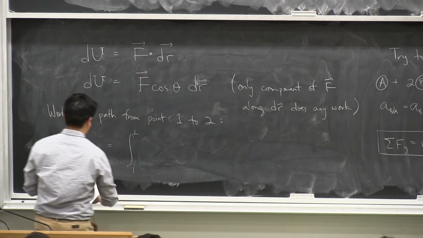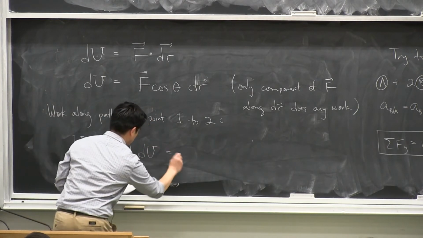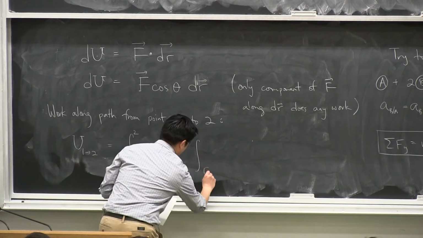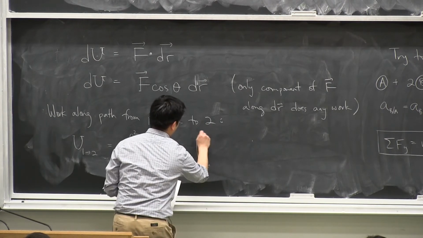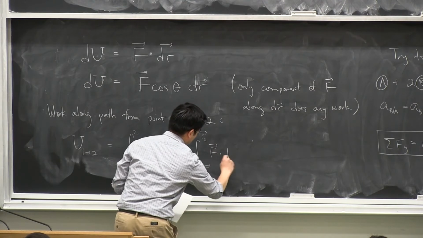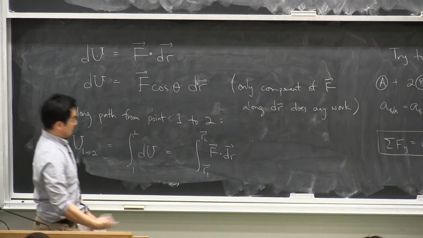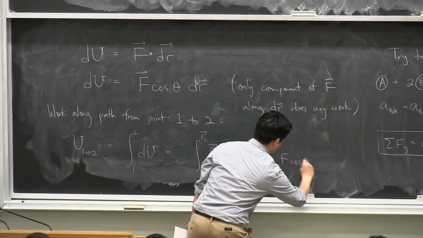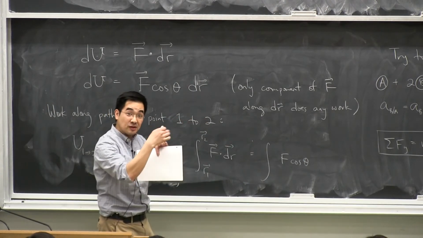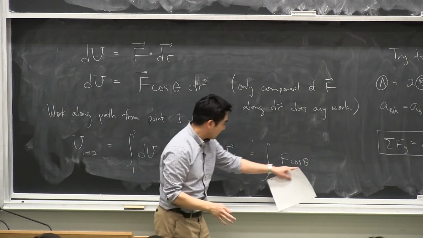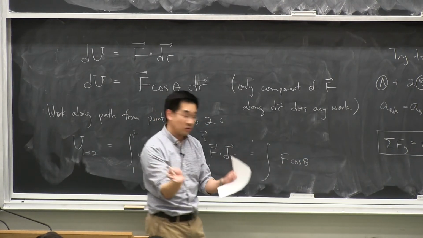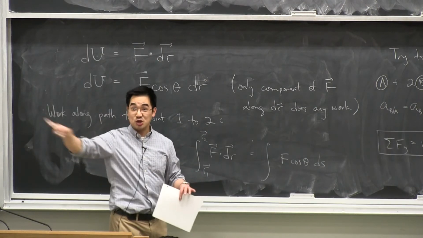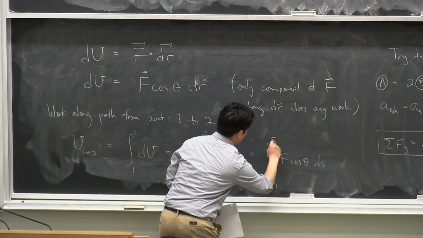From 1 to 2 of all the du's is equal to as if I integrated from position vector r1 to r2, where I did F dot dr. But then if I do all of my projections, and I do just F cosine theta, if I'm marching along the path, every little bit of dr vector, as long as I've already taken into account cosine theta is the angle between the force and the displacement, then I'm just using ds as my tangential component. And I can just go S1 to S2.